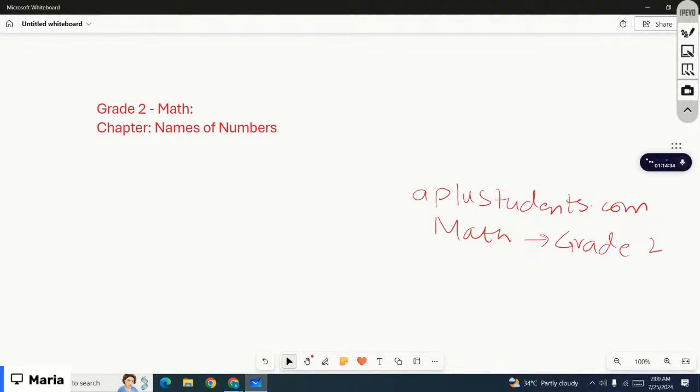We're going to start with the chapter names of numbers. So please make sure you have your notebook and pencil so that you can note down the important examples and definitions as well.